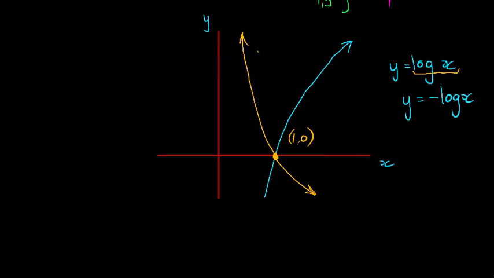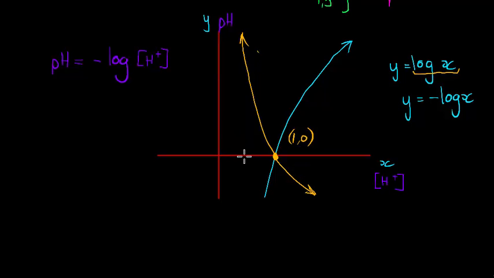Instead of working with y's and x's, because that's not what we're working with here, we're working with the pH. So we have pH is equal to negative log of the concentration of hydrogen, which means this value on here is pH, and this value on the horizontal axis is the concentration of hydrogen.